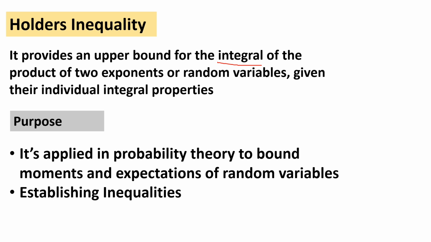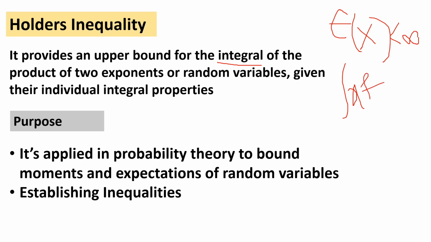When there exists an integrable function, which is nothing but when the expectation of a random variable is finite, which is nothing but expectation of X should be less than infinity, then only the integrable function exists, right? Expectation of X is nothing but integral x into f of x dx. If this integral is finite, then only the integrable function will exist.